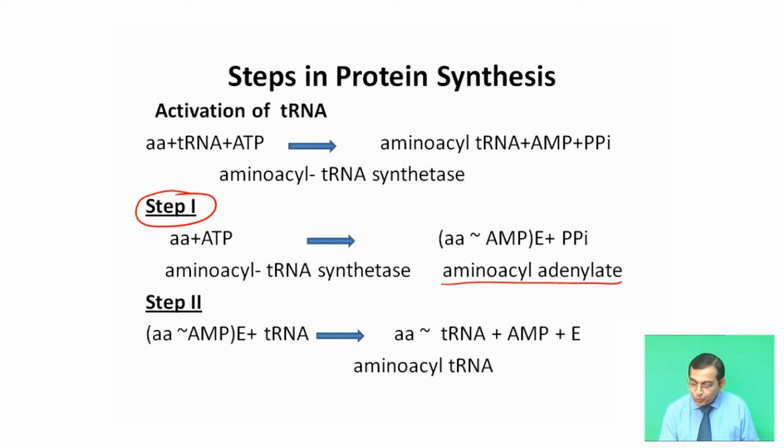In step 2, amino acid adenylate plus enzyme, that is amino acid tRNA synthetase, reacts with tRNA, which results in the formation of amino acid tRNA plus adenosine monophosphate, and the enzyme is released for further reactions.